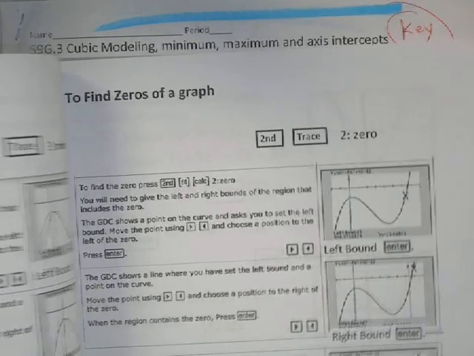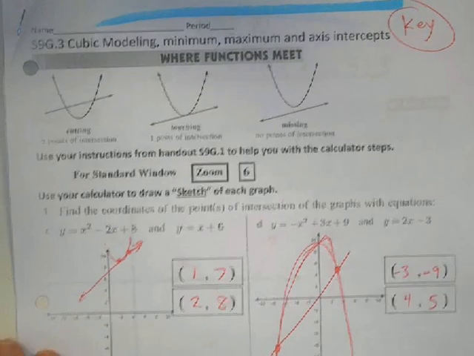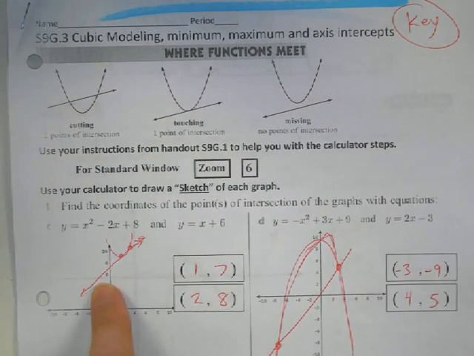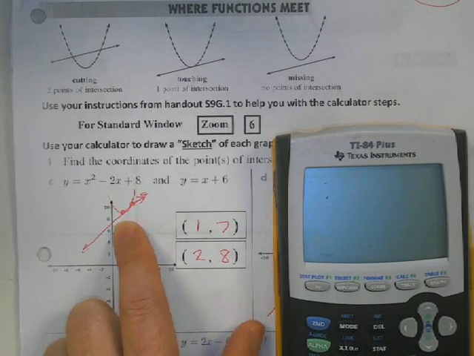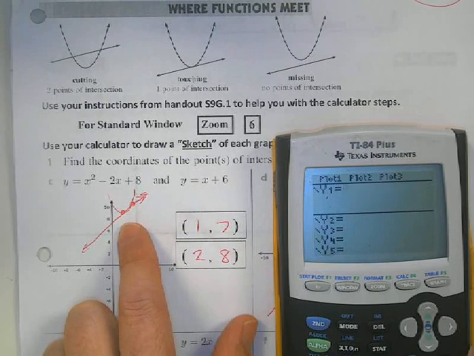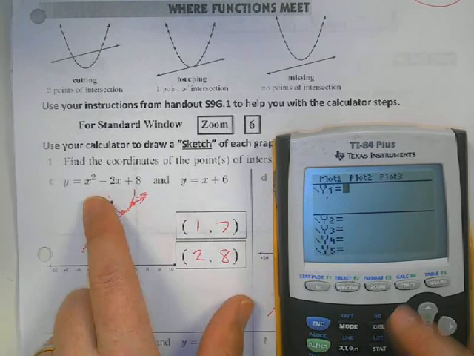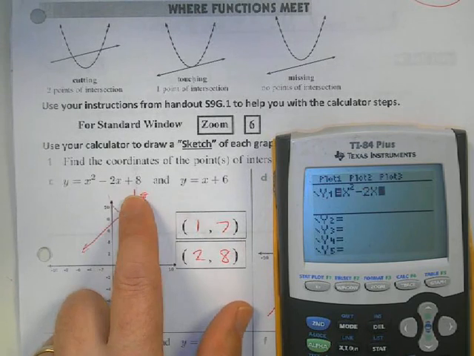Okay, so this one was a little bit tricky because it was hard to see where it intersected here. So we've got x squared minus 2x plus 8.